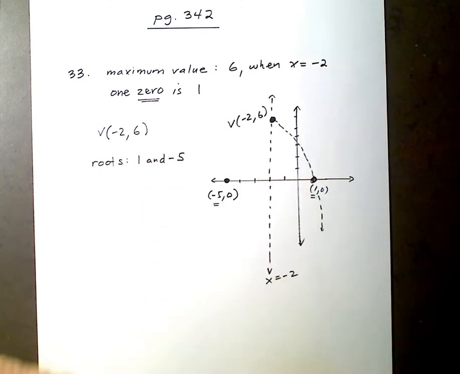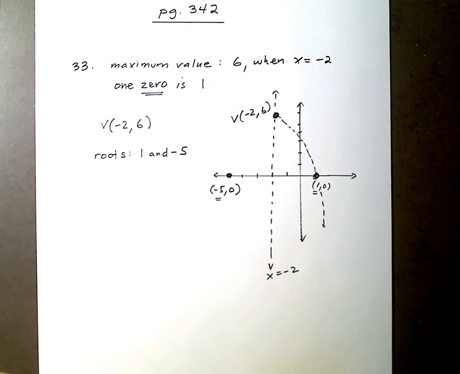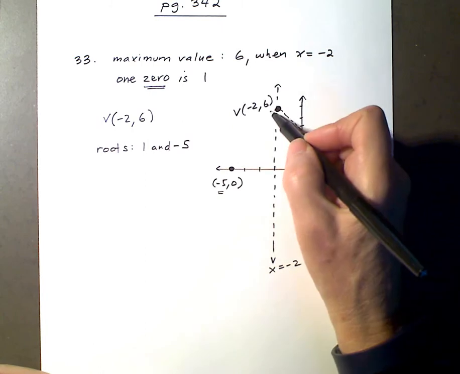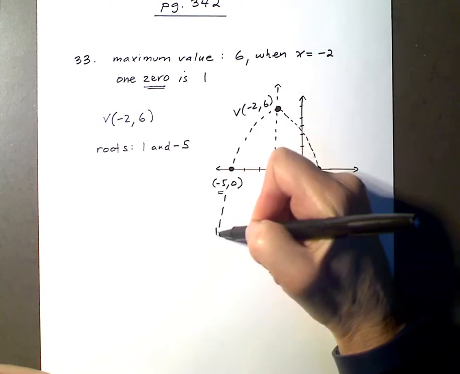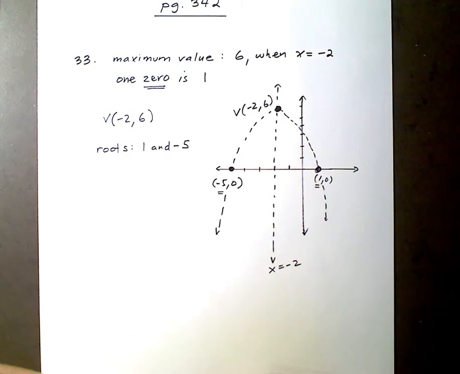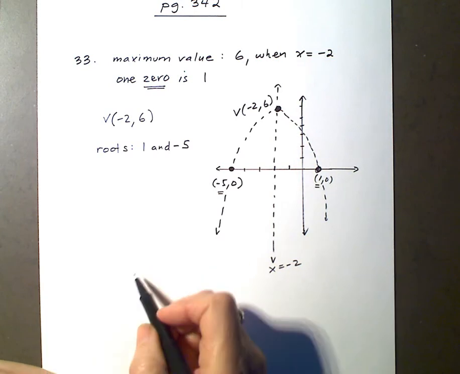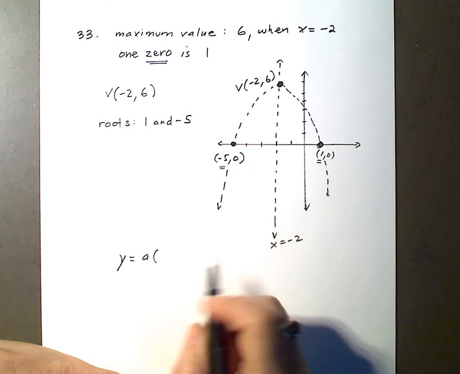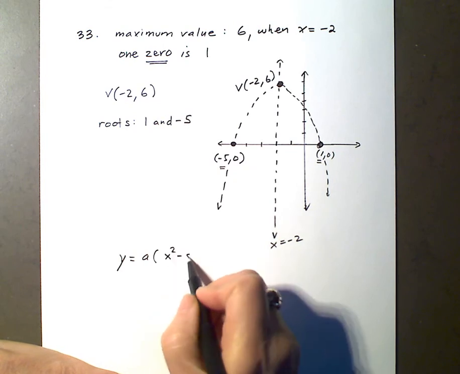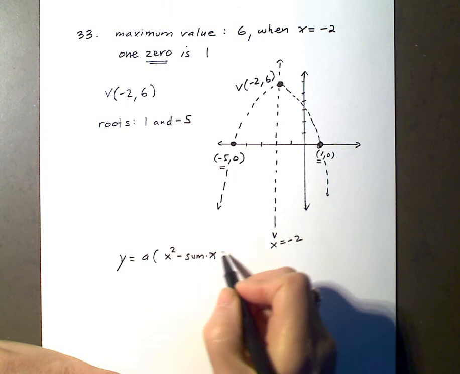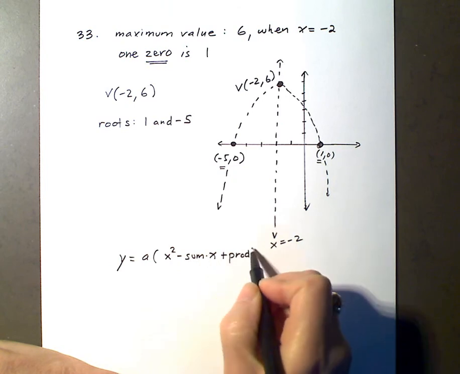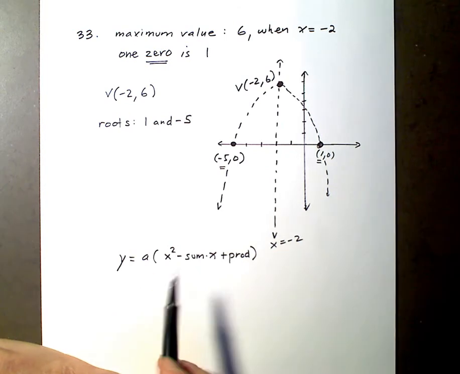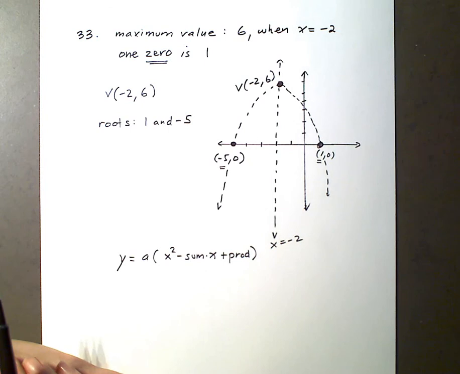Now I can write what I know about this function, because all I really don't know is the value of a when I write this in standard form. I'm going to use y equals a times x squared minus the sum of the roots times x plus the product of the roots. I can solve for a as long as I have one ordered pair on this parabola.